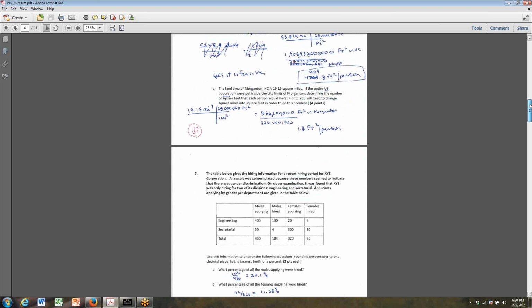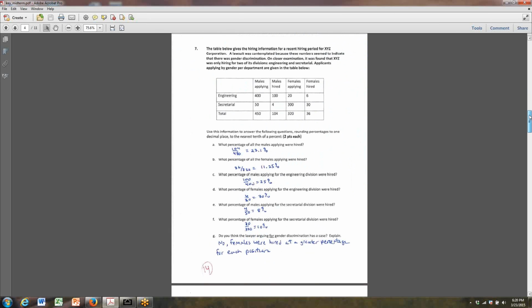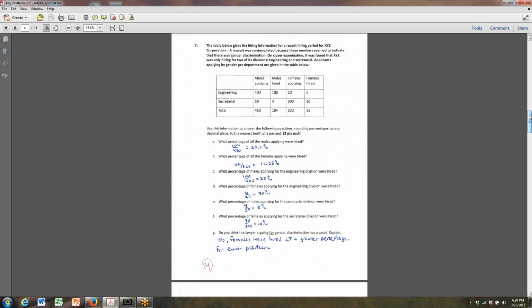Okay, 7 looked good, although the big thing with 7 is it's kind of interesting that this can happen, kind of a quirk in math, if you will. If you look at the overall percentage of males being hired that applied, it was 23.1%. If you look at the overall percentage of females that applied that were hired, it was only 11%.